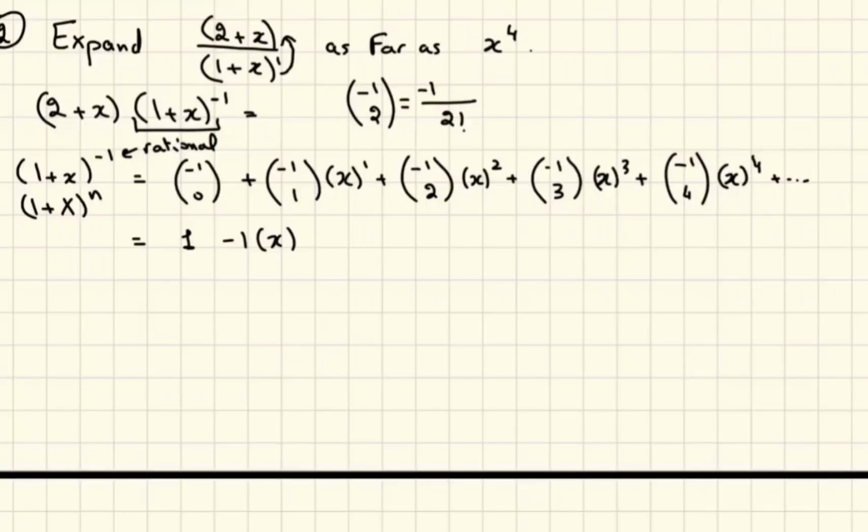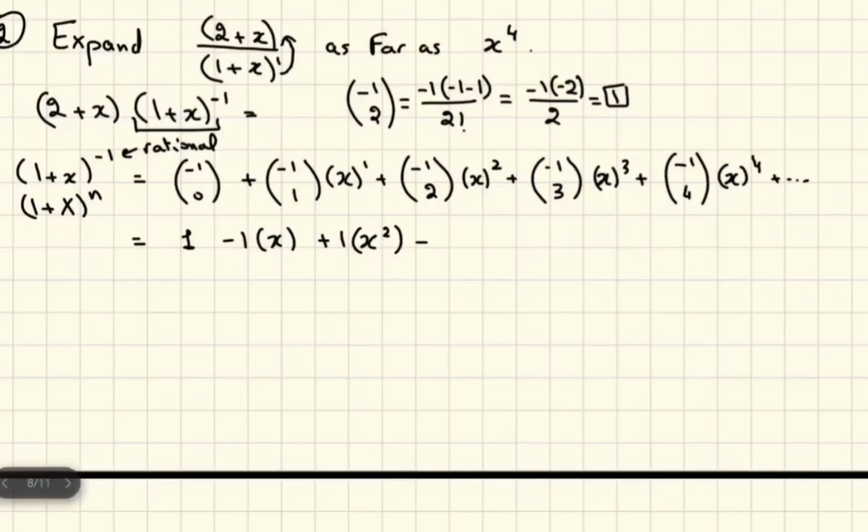On top I start with negative 1, and I need 2 factors, so the second factor will be negative 1 minus 1. So we get negative 1 multiplied by negative 2 over 2 factorial, which is 1 times 2, it's just 2. When we simplify this, my answer will be 1. So this will be positive 1 x squared.